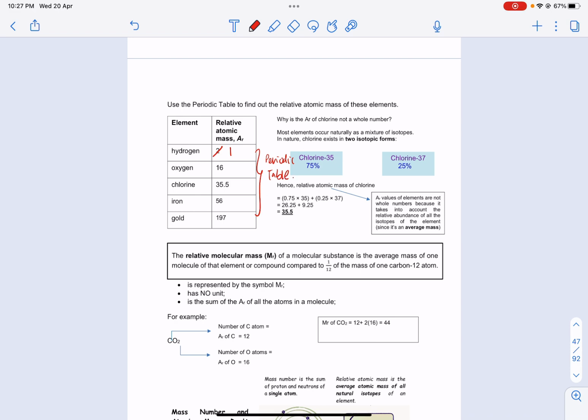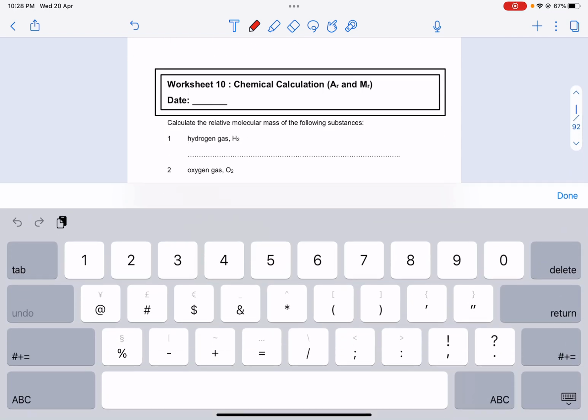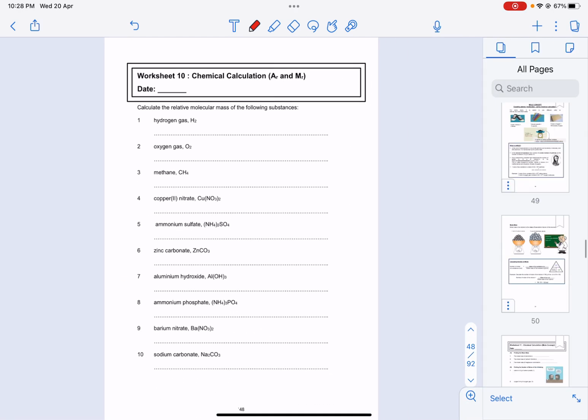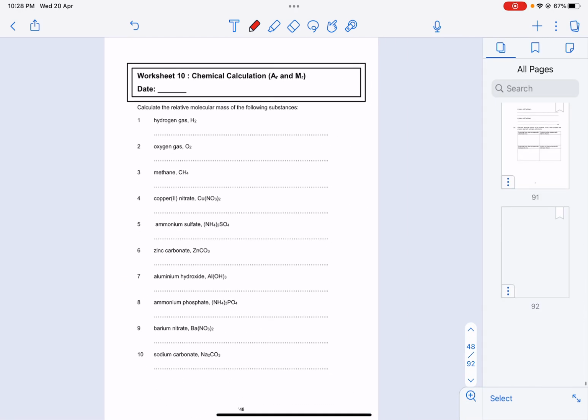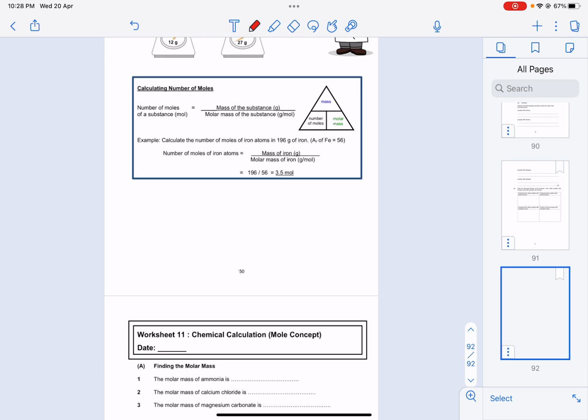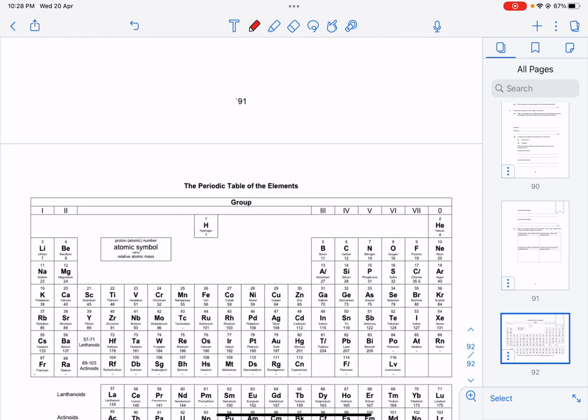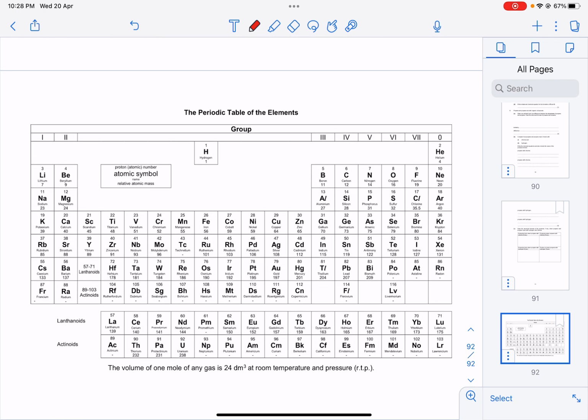If you look at the periodic table, let me bring you to the periodic table. Where can I find the mass? You can see it's over here.